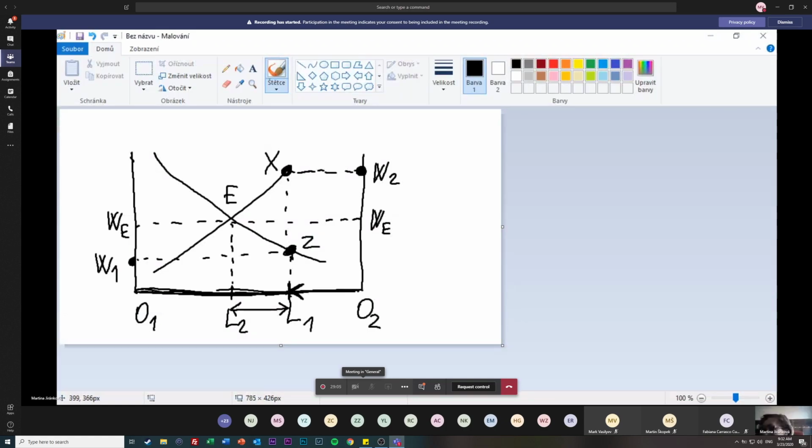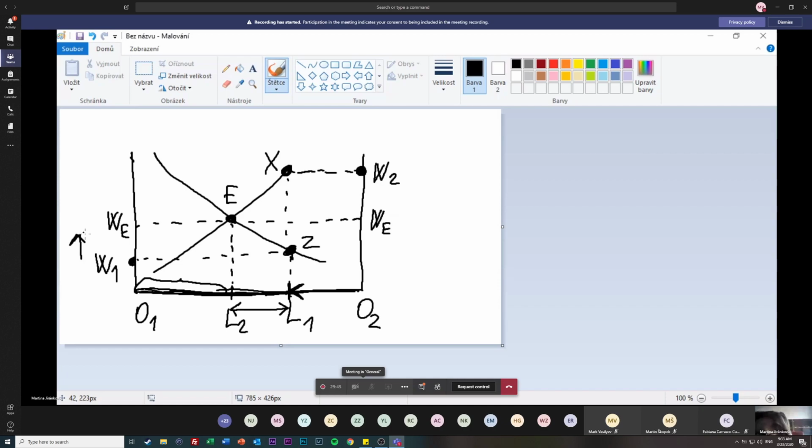Now, in the domestic, first country, there are only O1, L2 people, and they have the higher wage, W1, WE. They have fewer workers and a higher wage. It has increased.